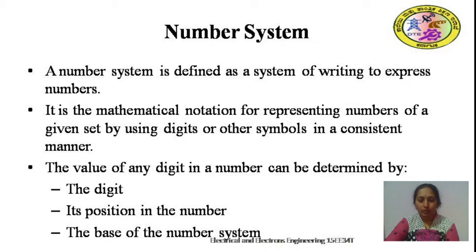Likewise, the position of the digit in any number determines its value. The third thing is the base of the number system. Whether we are using the decimal system, octal system, or binary system, that determines the value of any digit.